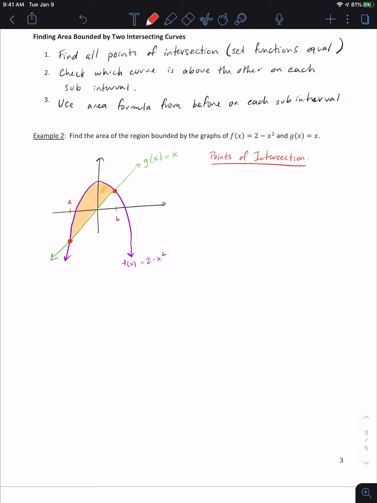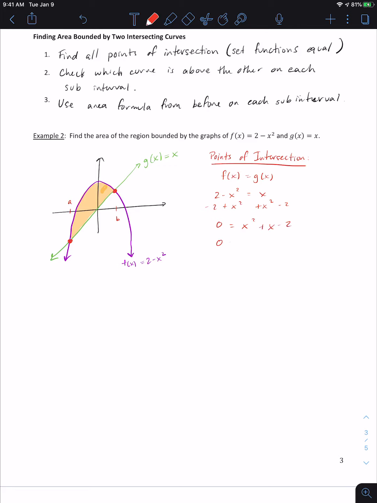So the way we're going to do that is we're going to set f of x equal to g of x. So I'm going to set 2 minus x squared equal to x. I hate to deal with negative coefficients with the leading power of x, so I'm actually going to add x squared and subtract 2. So here I get 0 is equal to x squared plus x minus 2.